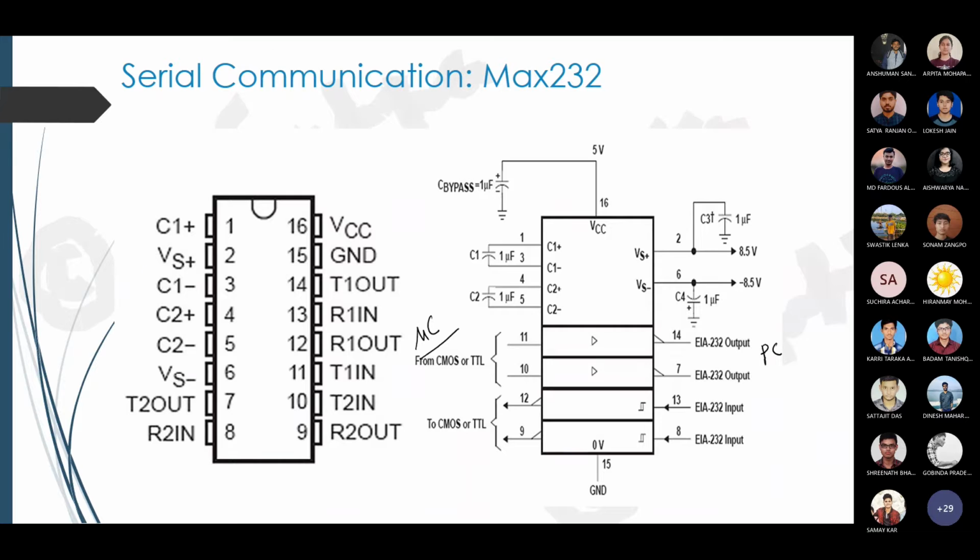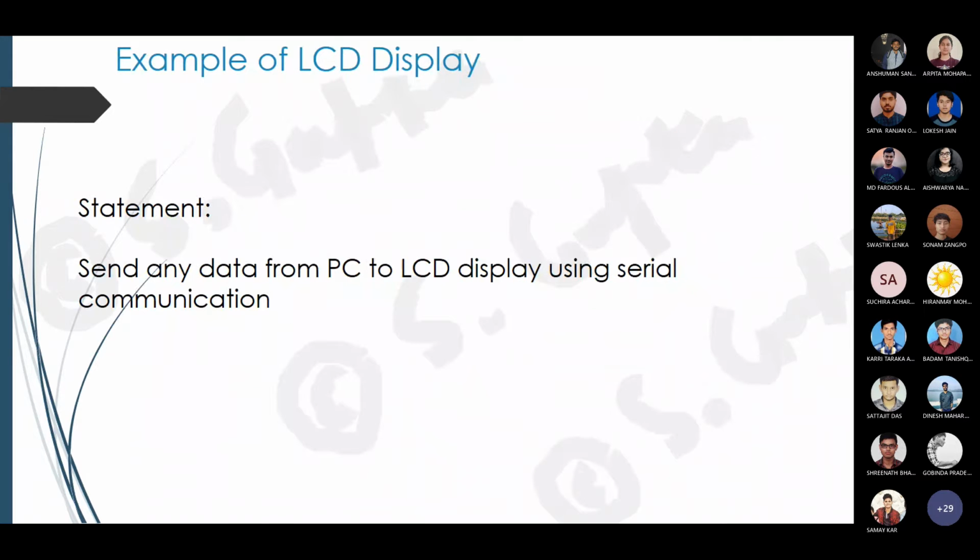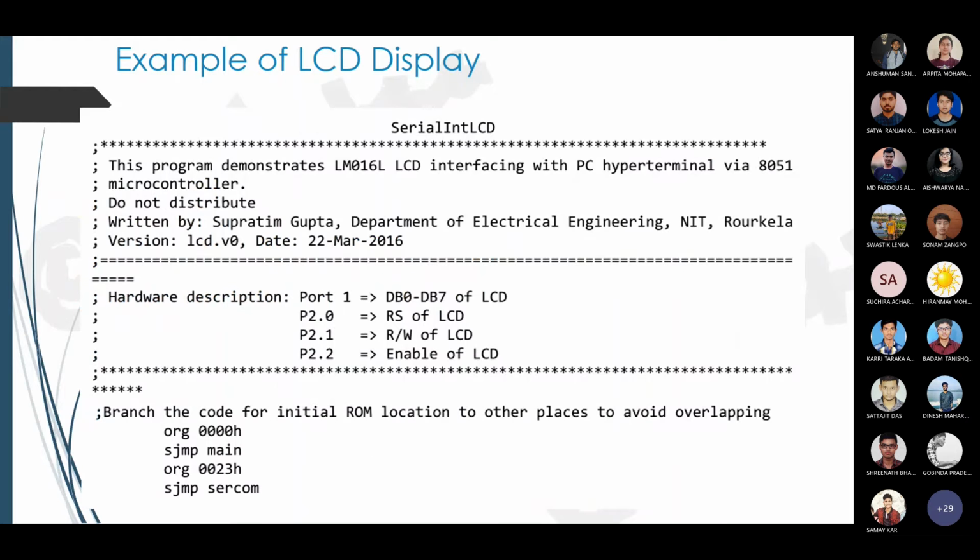Okay. So this program actually shows you, though I have used this LCD, but you can replace this LCD by 7-segment LED. Okay. For the time being.